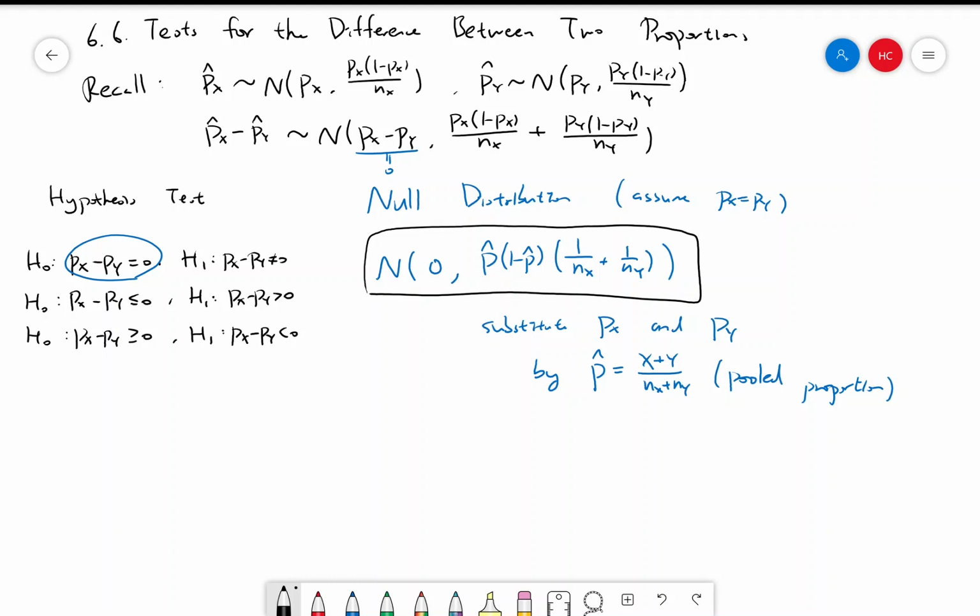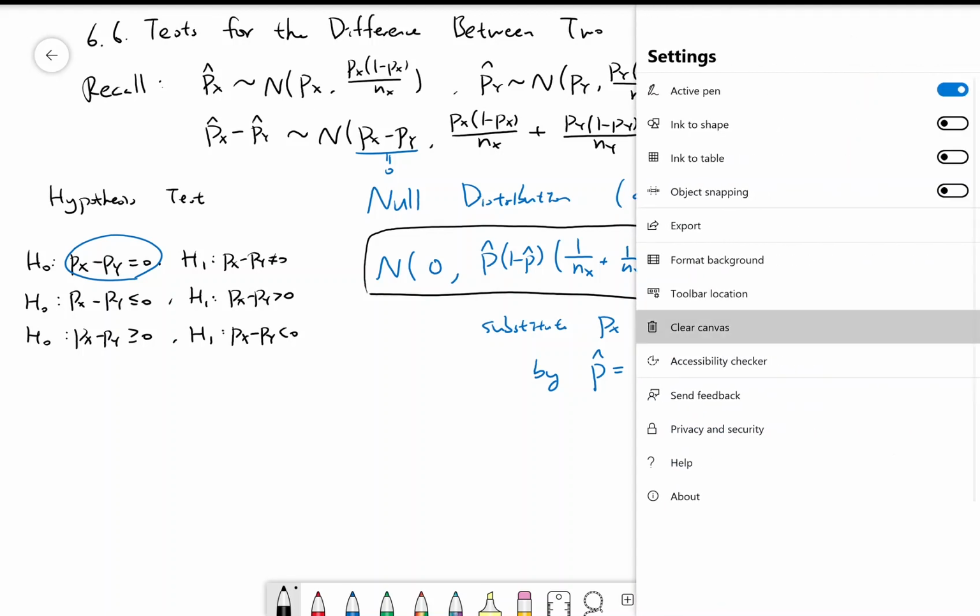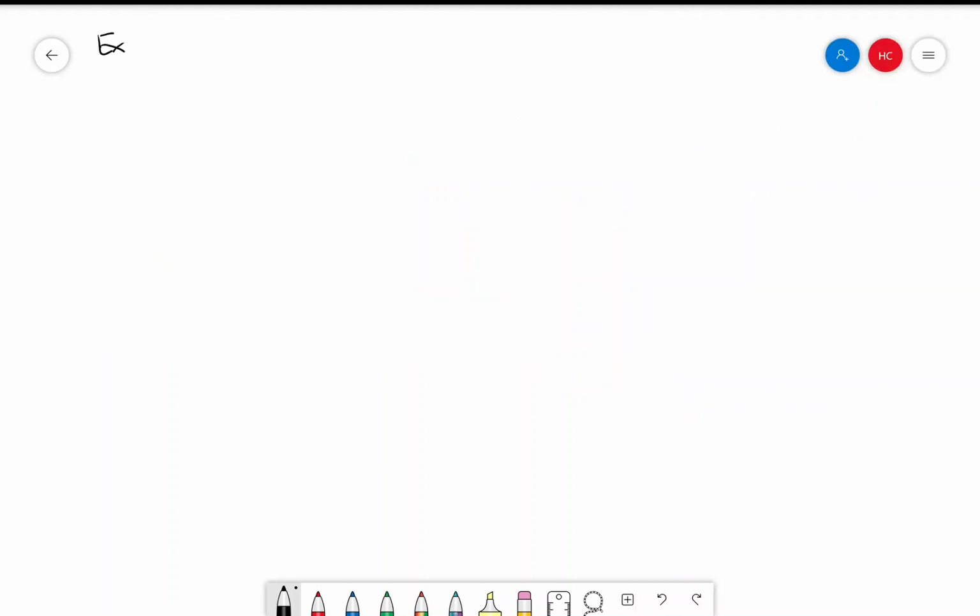Alright, so let's do an example. So let's have experiment X and experiment Y. So we have two different experiments. The experiment X is run 1,000 times.